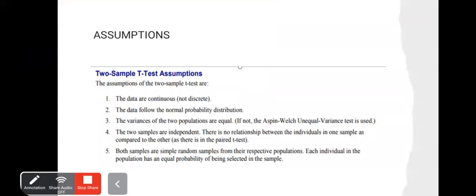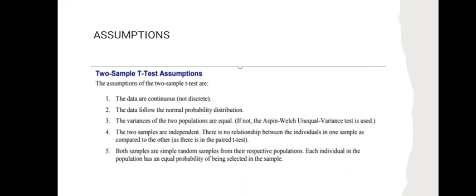So what are the assumptions for the two-sample t-test? The data are continuous, not discrete. The data follow the normal probability distribution. The variances of the two populations are equal. If not, the Welch unequal variance test is used. The two samples are independent.